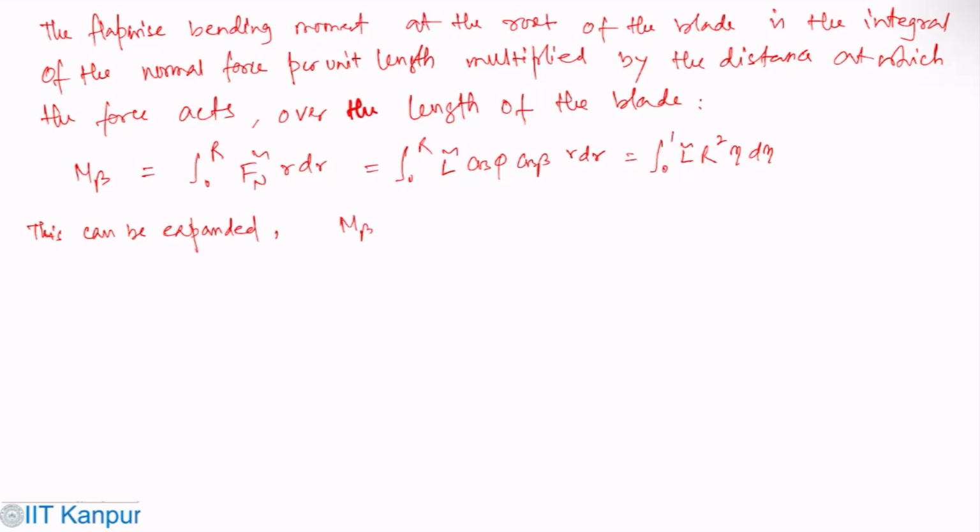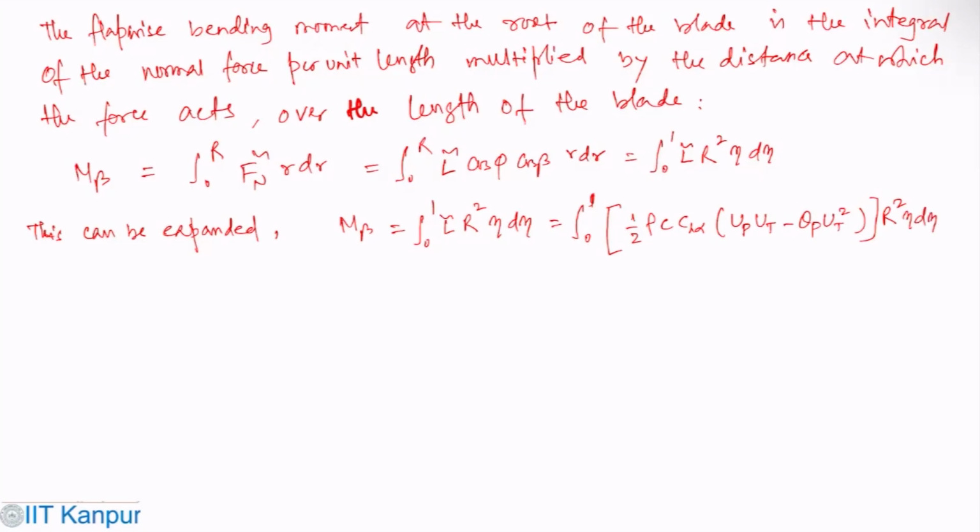So m beta is 0 to 1, r squared eta d eta, of PL alpha UP UT minus theta P UT square, r square eta d eta.